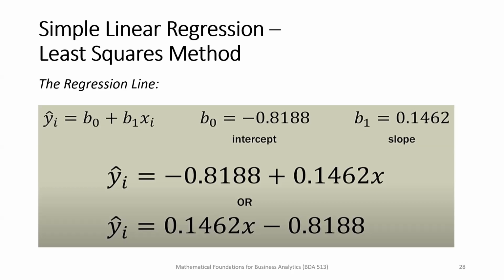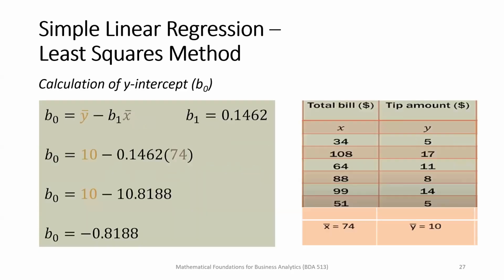Any questions? Should I go over somewhere that you missed? Please, how did you get the intercept? Okay, let's go back to the intercept. The formula for the intercept is what we have on the left here.